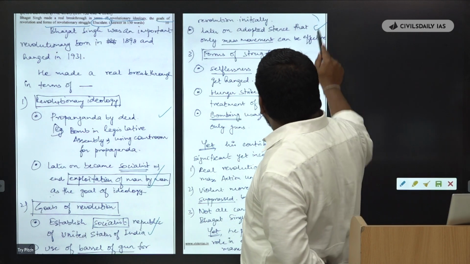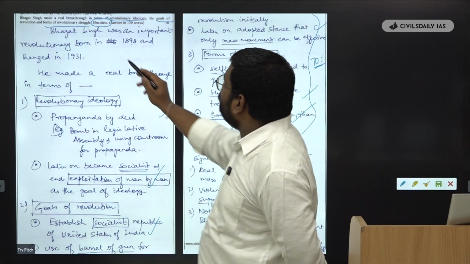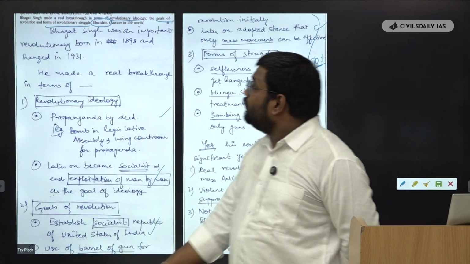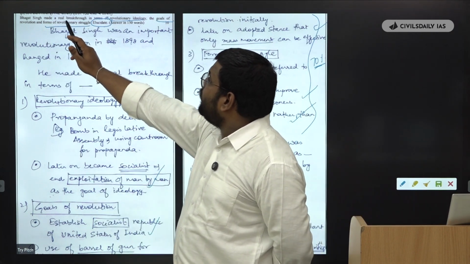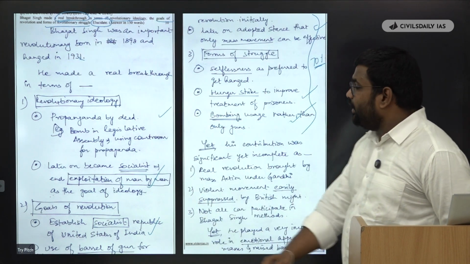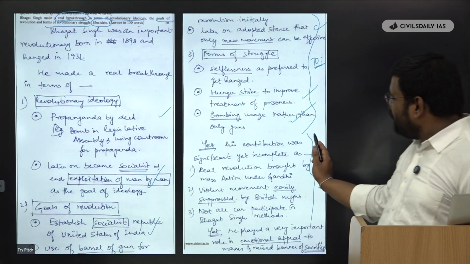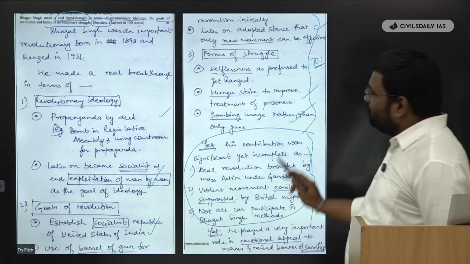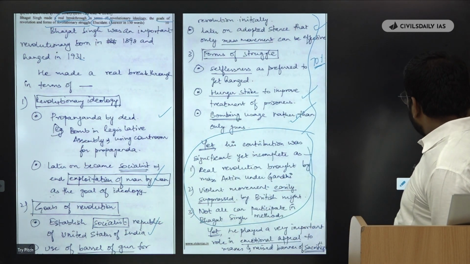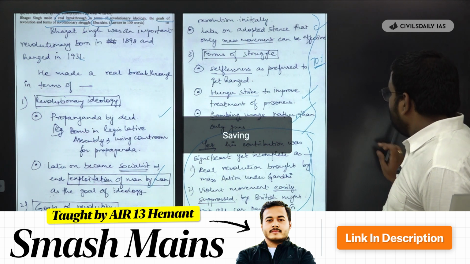So maximum of the weightage, 70% of the weightage has gone to the statement कि how he had made real breakthrough in terms of the revolutionary ideology, and briefly he has given the counter argument. अगर ये नहीं भी दिया तो भी चलेगा, that's also fine, but he has strictly followed the 70-30 approach.